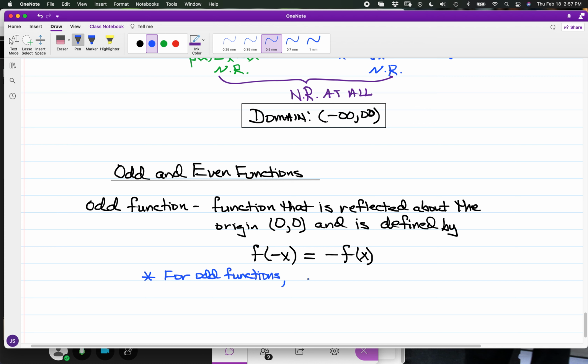So for odd functions, opposite sign inputs are going to lead to opposite sign outputs.